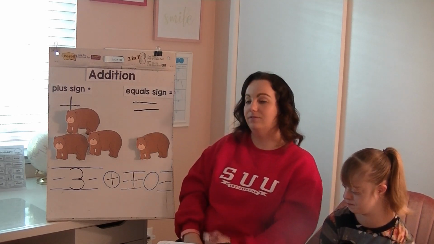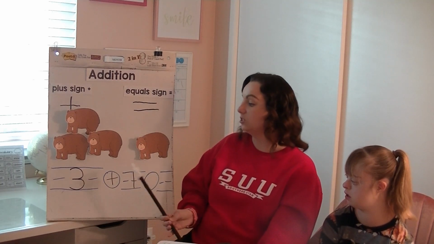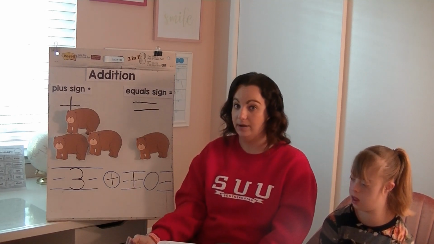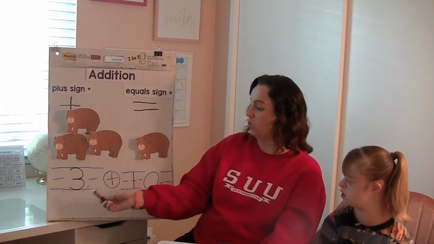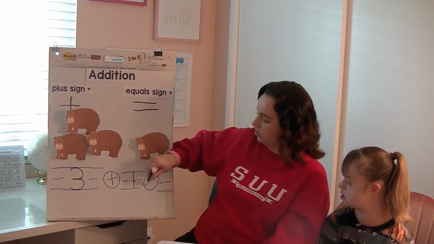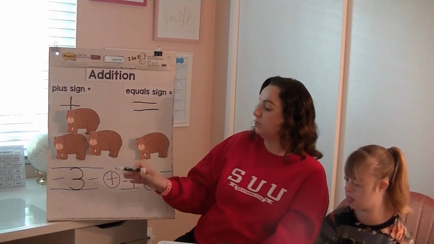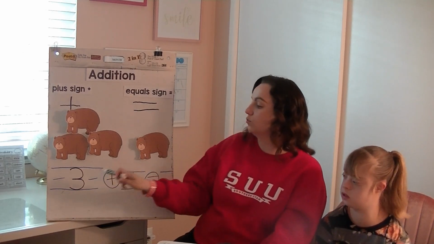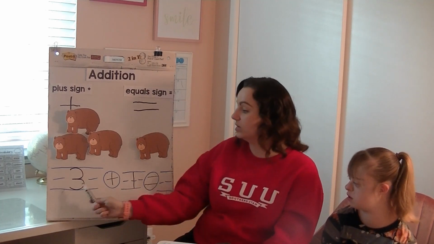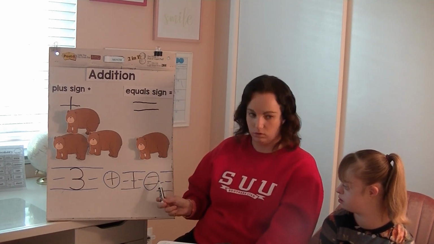Now that I have 3 plus 1, I need to write the equal sign to show what does it make. How many are there in all? So I write equals, saying 3 plus 1 is, or 3 plus 1 makes, or now we know this term, we say 3 plus 1 equals.